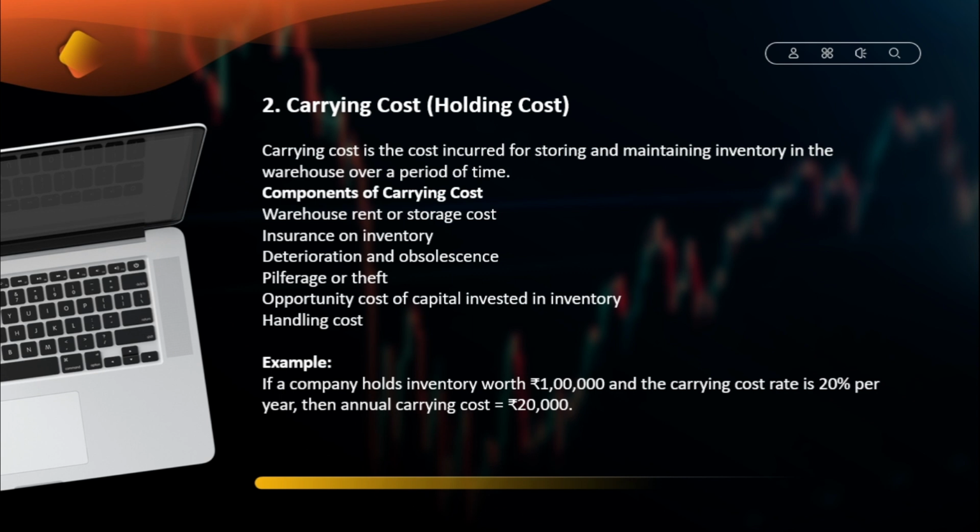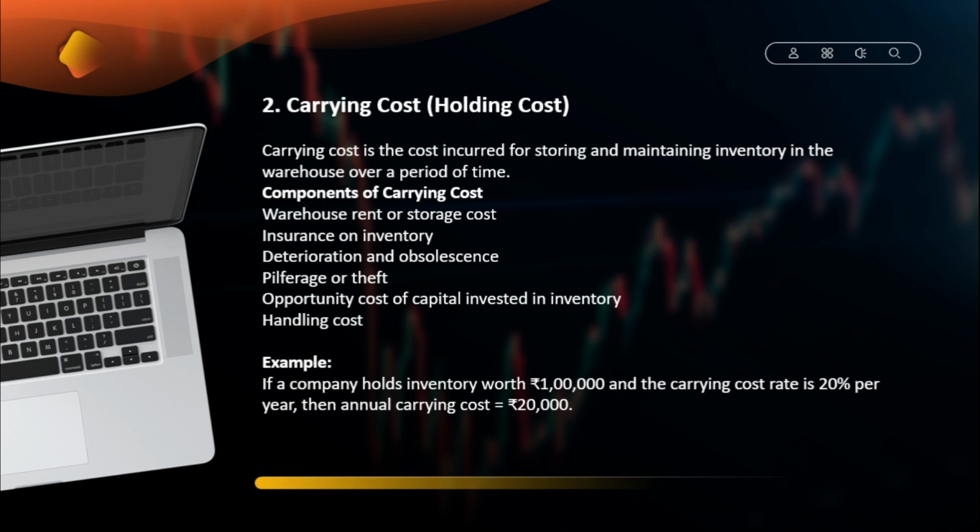The components include warehouse rent, storage cost, insurance on that inventory, deterioration or obsolescence, the risk of theft, the opportunity cost of capital invested in inventory, and handling cost.